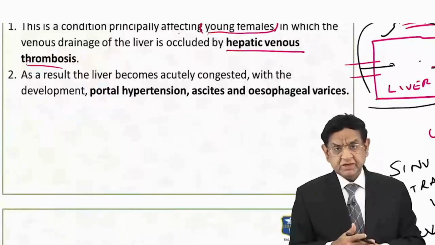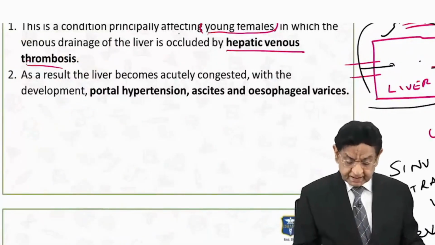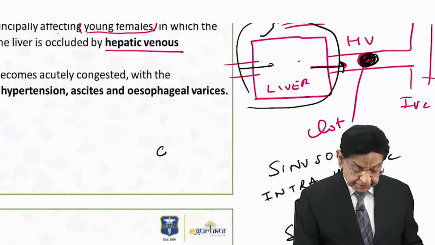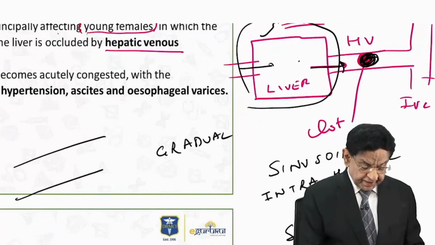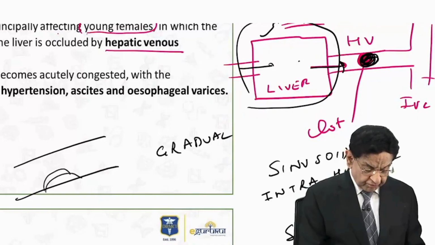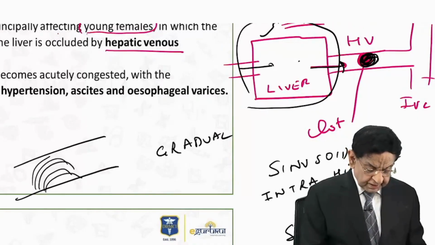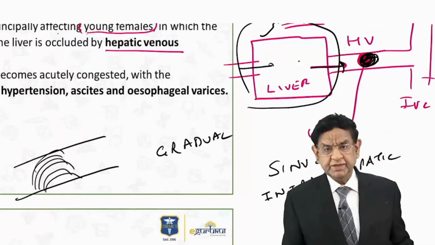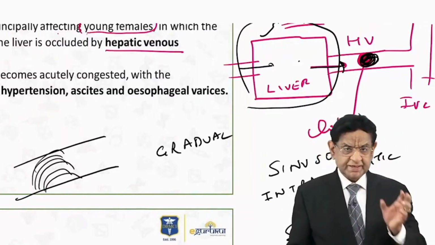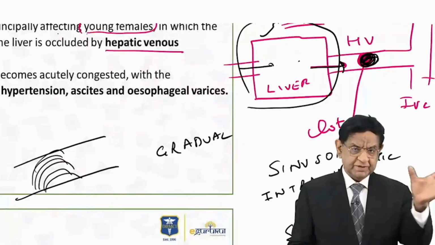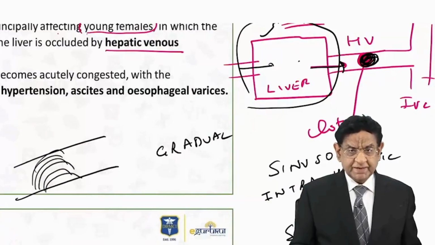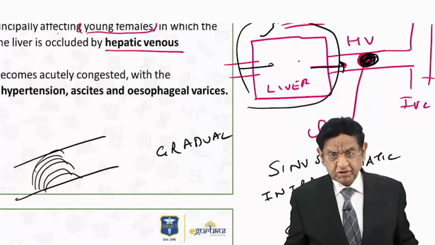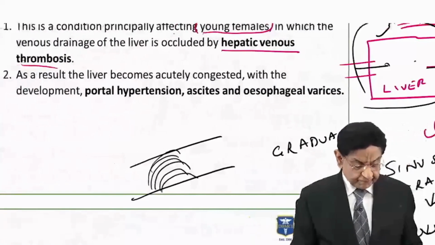Fortunately, sudden obstruction is uncommon as compared to gradual obstruction. That means if it is a hepatic vein, a clot will form and gradually expand. By the time the patient develops complete occlusion, a lot of collaterals have already formed.